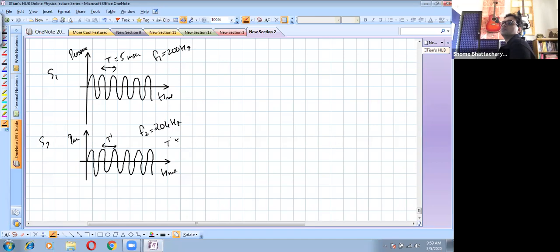So T prime is also almost 5 milliseconds. It's a little bit less than 5 milliseconds. But the net intensity that you'll end up hearing is from the superposition of these two. That will be a different story.